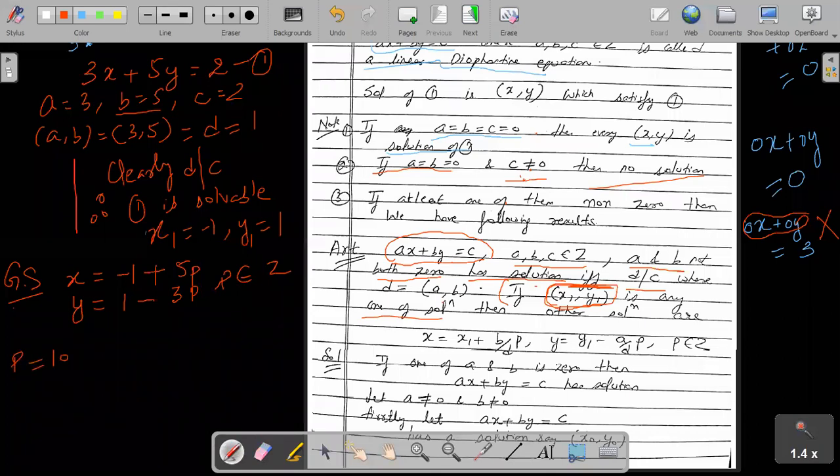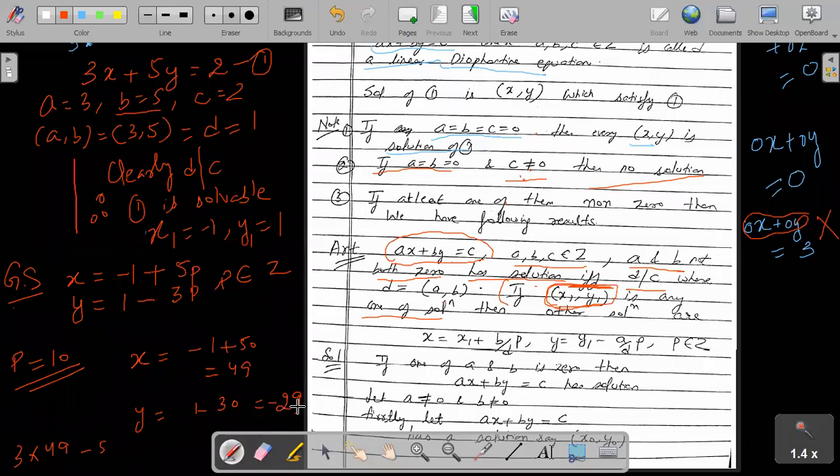Let us check. So you see, what will x be? -1 plus 50. So how much is this? 49. And how much will y be? 1 minus 30, which is -29. Let us check once that this is a solution. So let us check 3x, so 3 into 49, minus 5 into y.